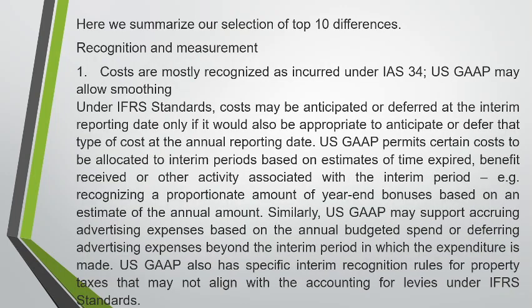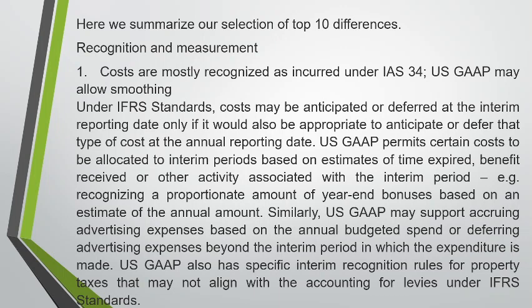To summarize, first, we have recognition and measurement. Costs are mostly recognized as incurred under IAS 34. US GAAP may allow smoothing. Under IFRS standards, costs may be anticipated or deferred at the interim reporting date only if it would be appropriate to anticipate or defer that type of cost at the annual reporting date.